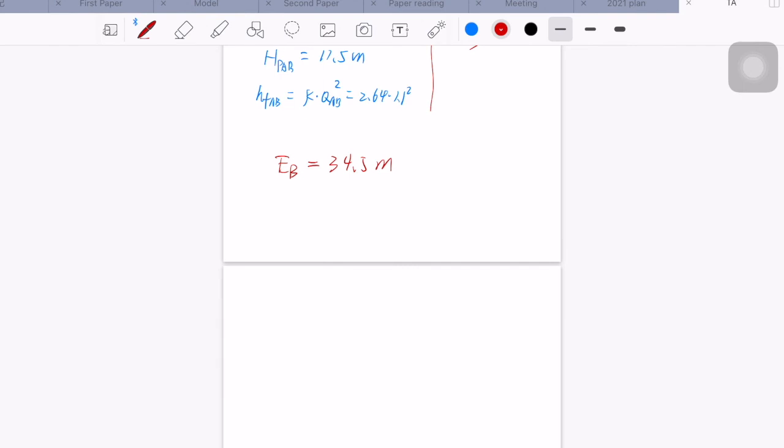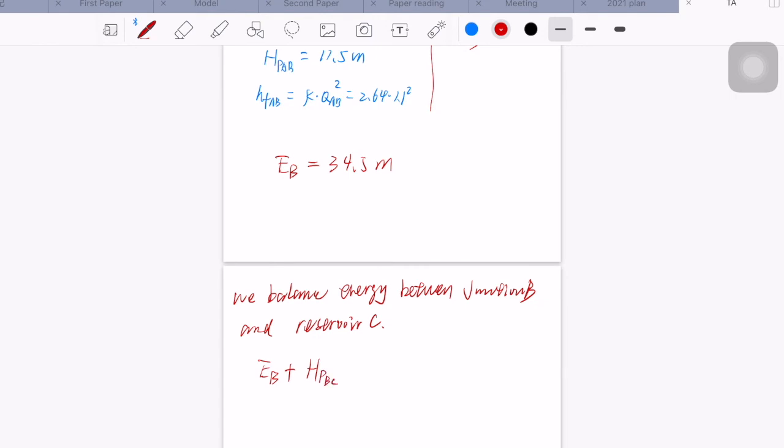And then we balance the energy between junction B and reservoir C. So the equation is EB plus HPBC, the pump head in the pipe BC, equals HC plus HFBC.